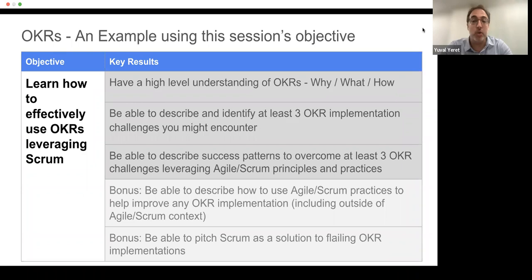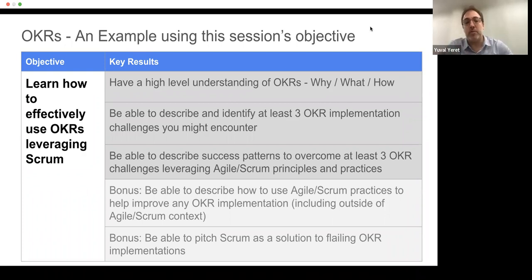Some key results that hopefully we'll achieve for you by the end of this session is to have a high level understanding of OKRs, the why, the what, the bit of the how. Describe and identify some implementation challenges you might encounter when you're using OKRs or your organization is using OKRs, and some ideas for how to overcome these challenges.